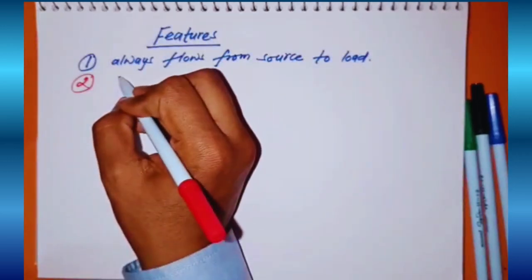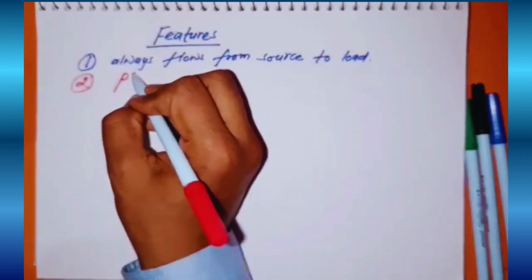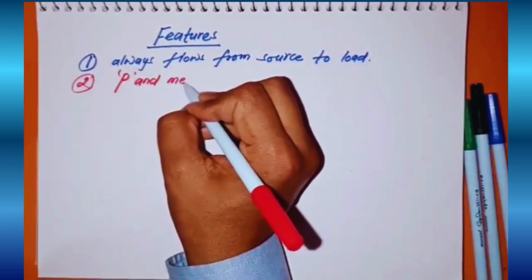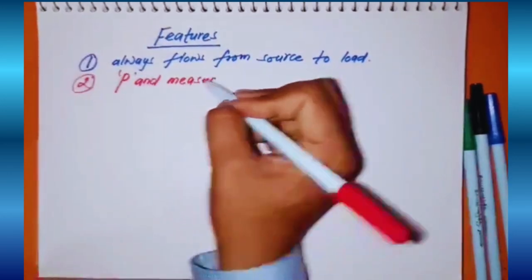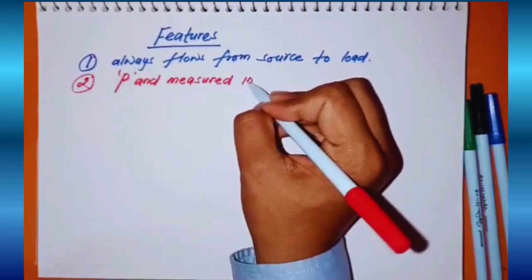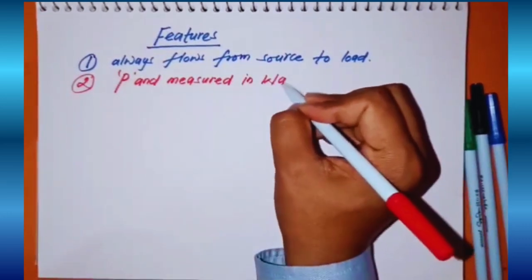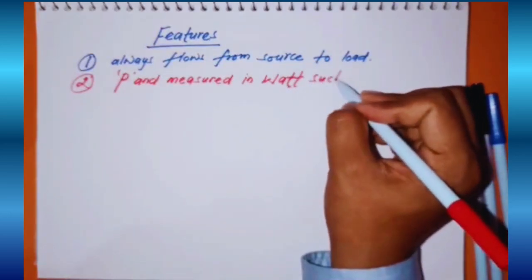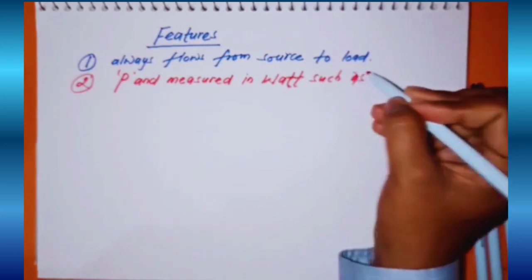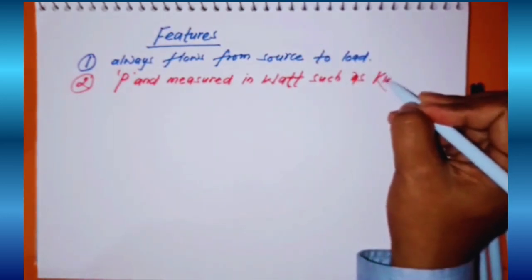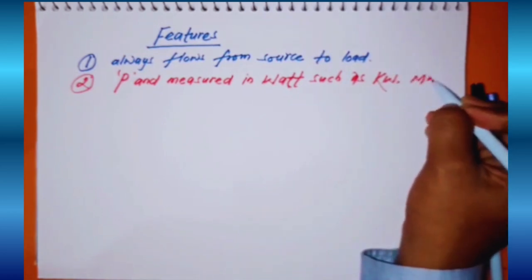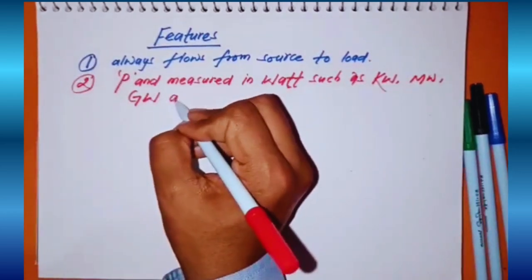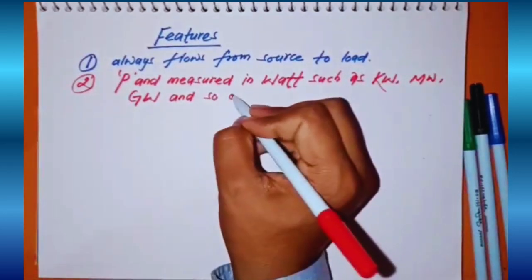Active power is denoted by P and measured in watt, such as kilowatt, megawatt, gigawatt, and so on.